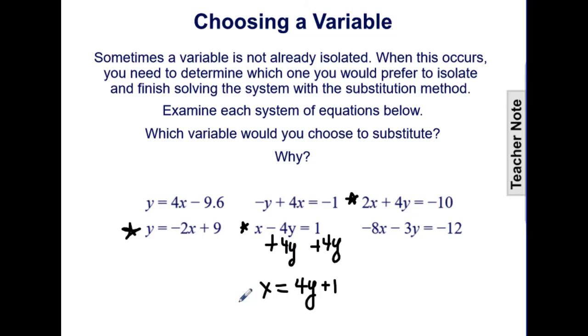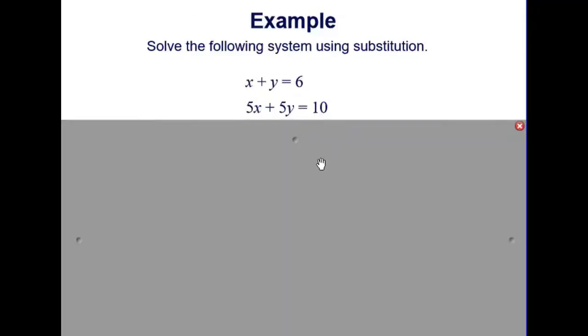It's just what you think is going to be the easiest for you to work with. Usually it's if there's just one step to get the variable alone, or you want to avoid working with negatives or decimals. But any one can work. It's just what will be easiest for you, what's going to make it the best choice to get to your answer.